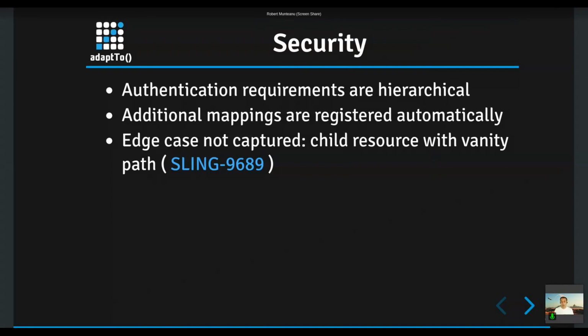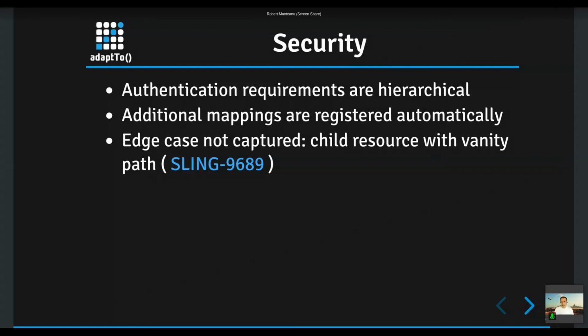And there's still one edge case where this doesn't happen, and it's a bit complicated because it is an edge case, but still, if you have a parent page that is being protected and a child page that has a vanity path defined that is not under the parent page, so it basically escapes the resource tree, then an authentication requirement will not be correctly registered for it.